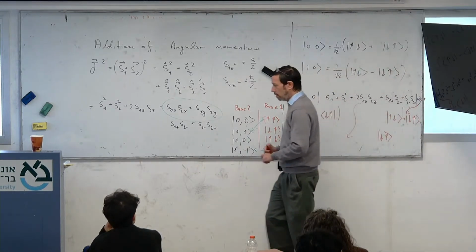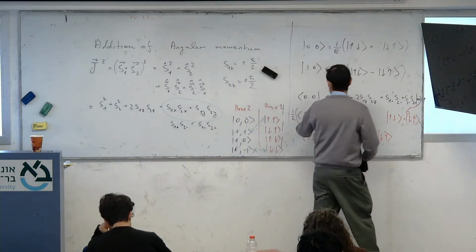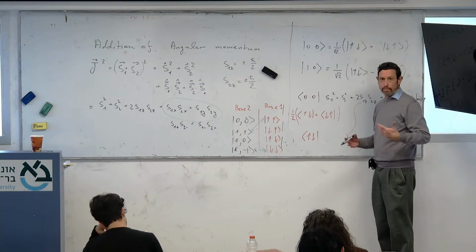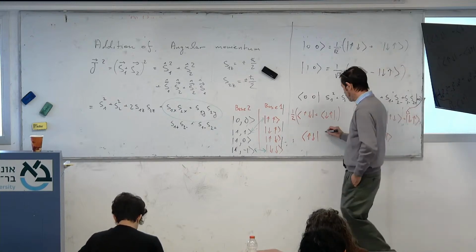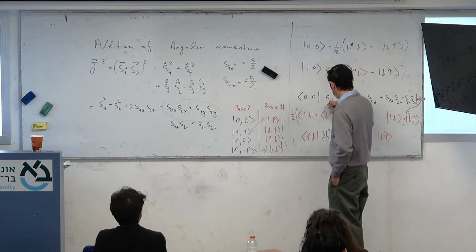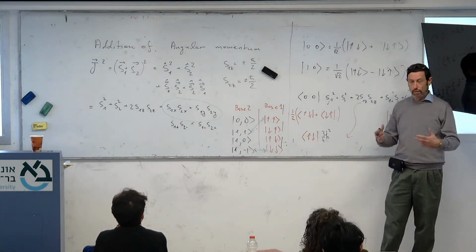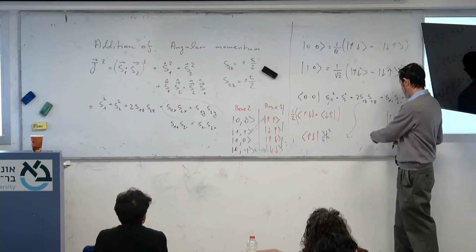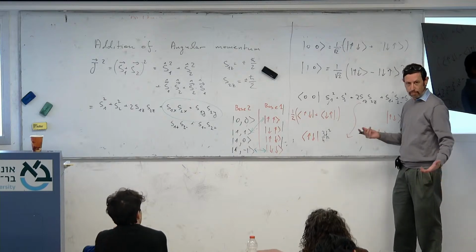Okay, so this is the total spin. It's half times 3/2, so it's 3/4 h squared. After operating, it remains the same.